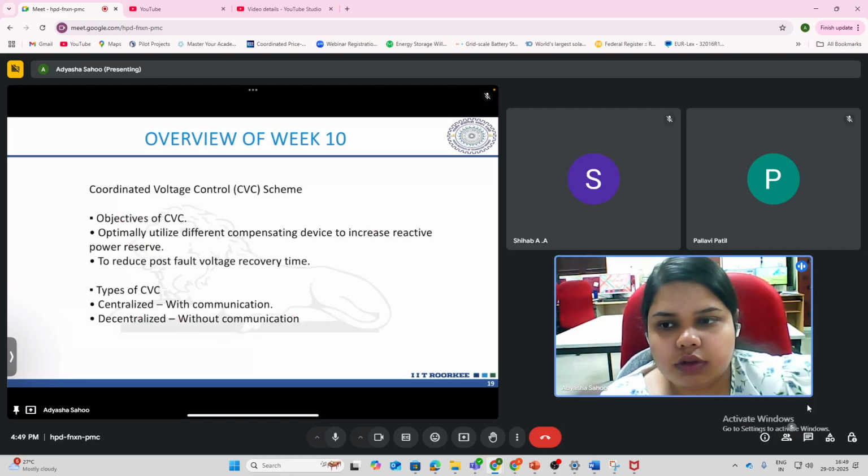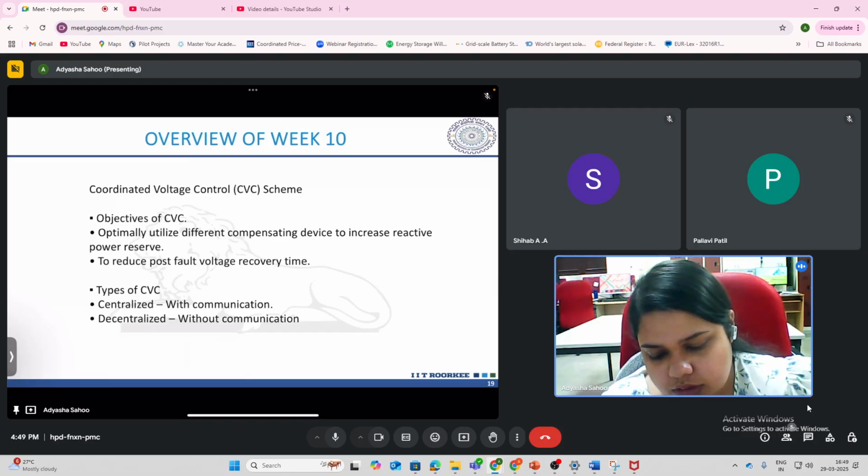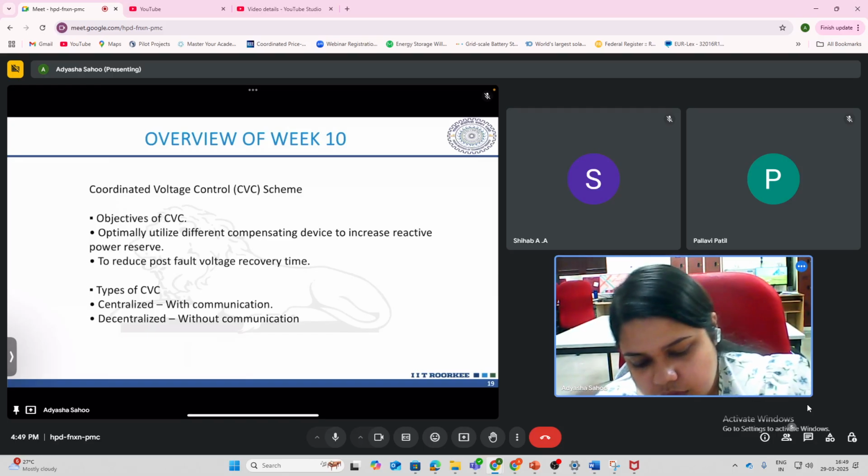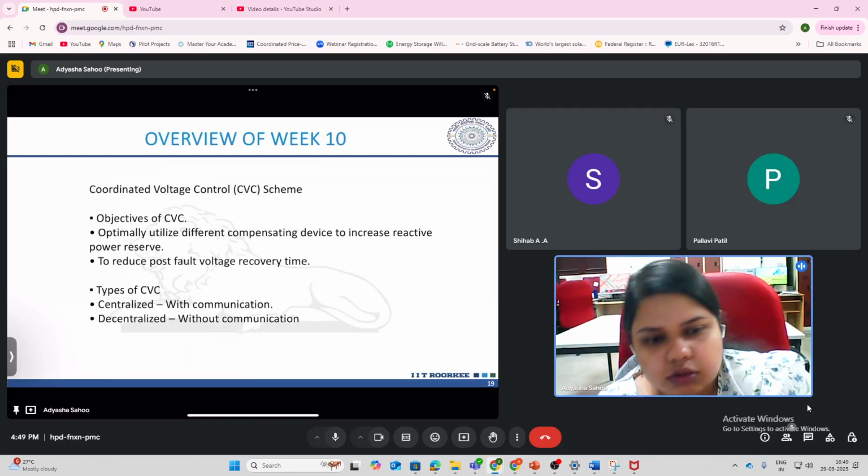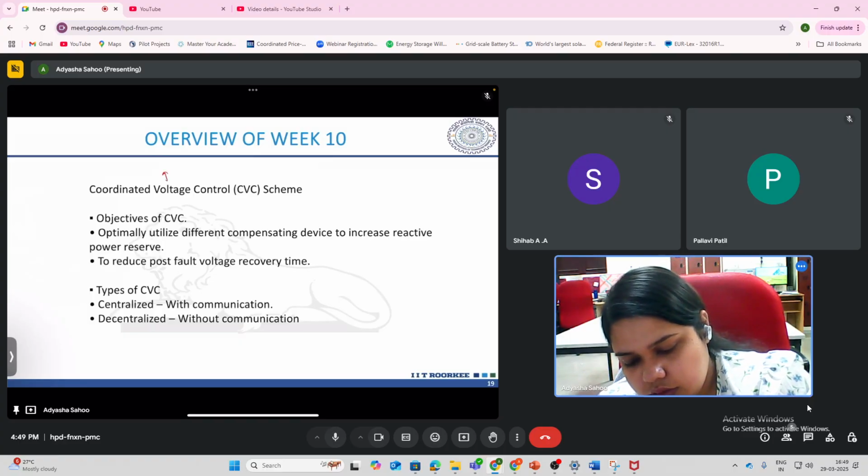So the next thing was the coordinated voltage control scheme. What happens in this is that, basically, for controlling or coordinating the voltage, you need to manage the reactive power.